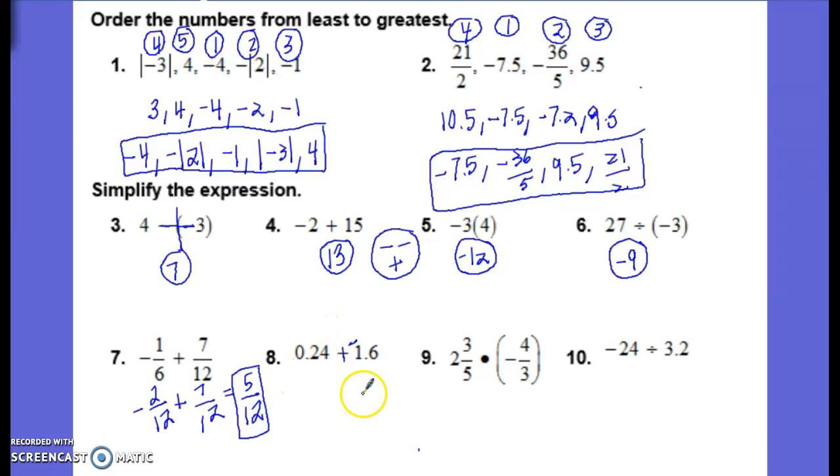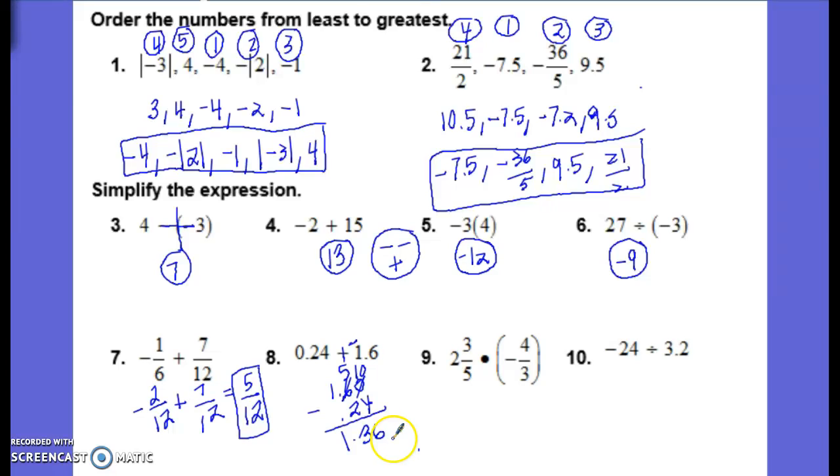When you have this situation, you're really subtracting, kind of like here, the negative 2 and the 7. You're really doing 7 minus 2, which is 5, and you take the sign of the number that's bigger. So here we're really doing 1.6 minus, you have to line up your decimals, right? 0.24, and then you're going to be borrowing, and it's just like your elementary school subtraction, okay?